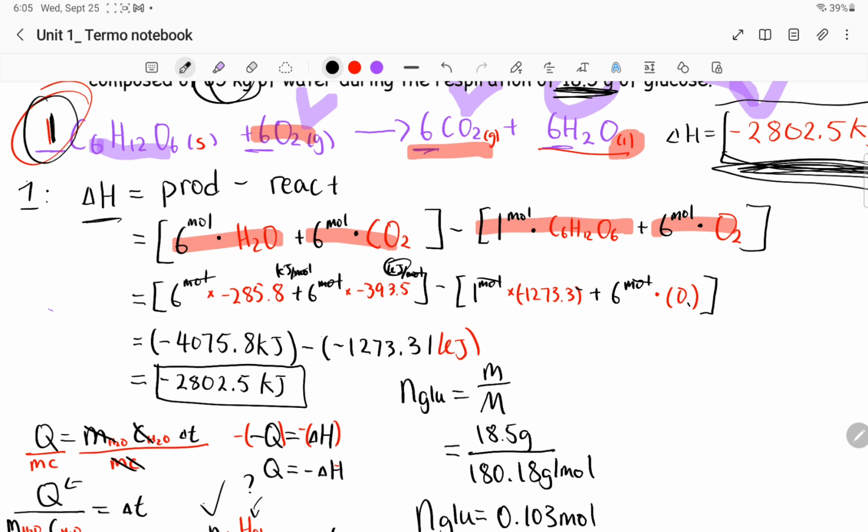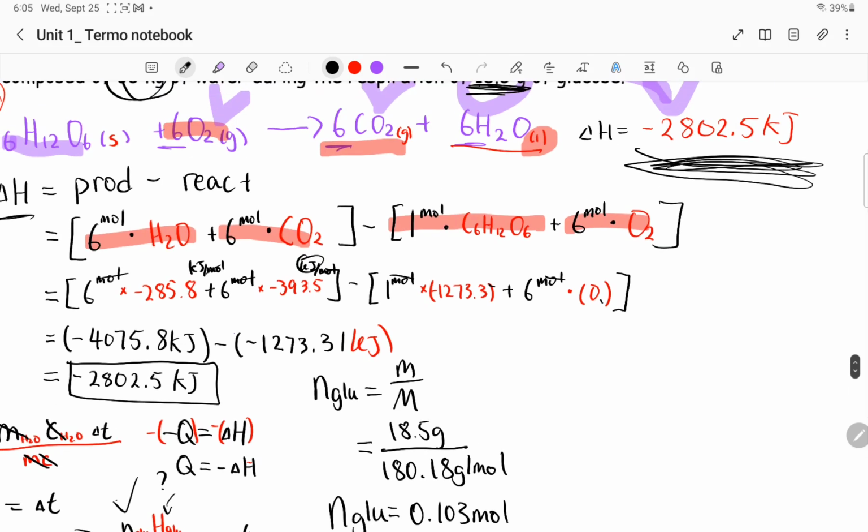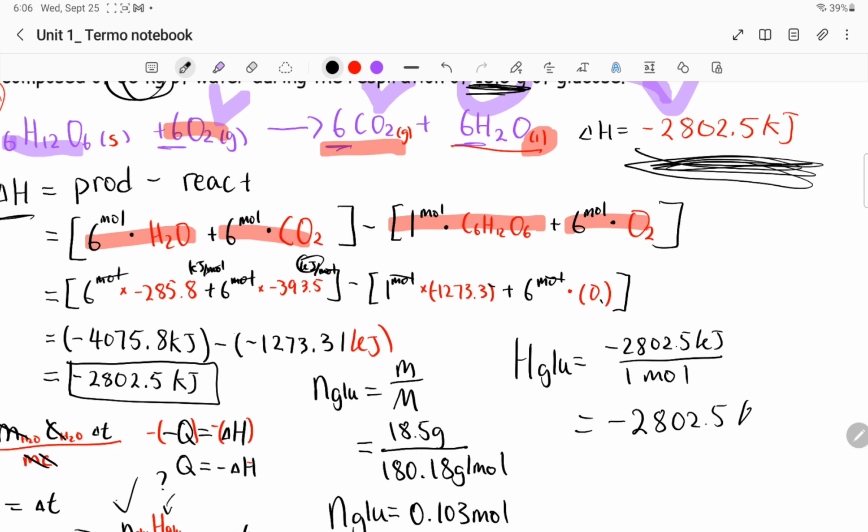Because again, the coefficient says 1 mole. For 1 mole, it will produce negative 2802.5 kilojoules. So that means our H of glucose would then be negative 2802.5 kilojoule divided by 1 mole, which should just give you the same number. So negative 2802.5 kilojoule per mole.